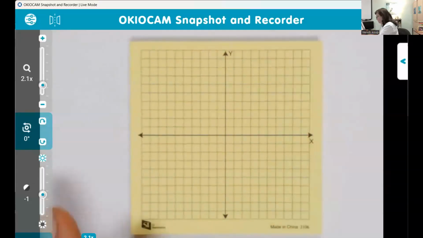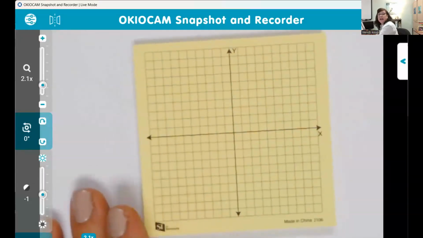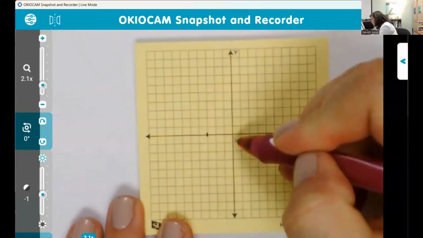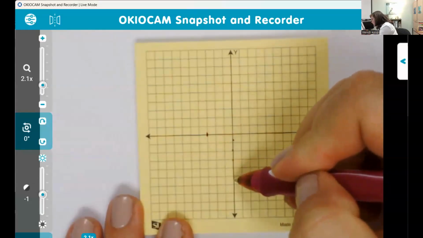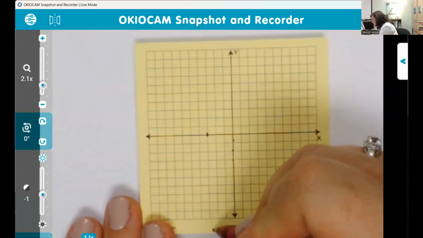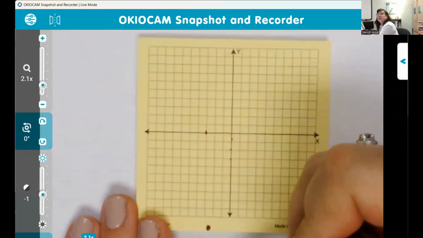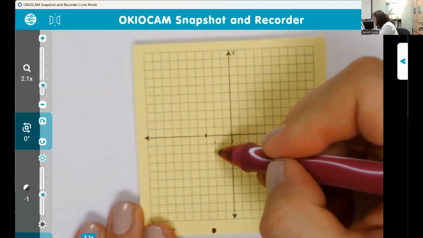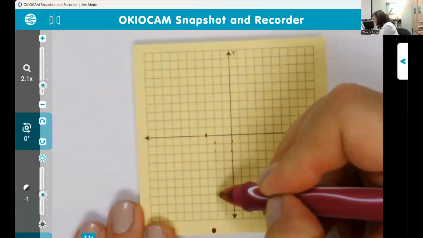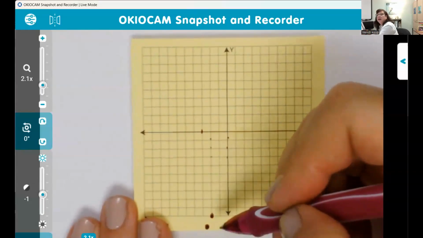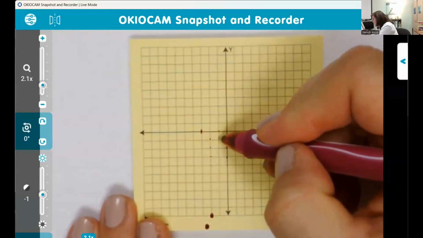So the list that I was given was (-3, -15). Counting up the y-axis, it's a lot lower, so I'm just going to draw it down there. (-3, -15), then (-2, -10), then (-1, -5).